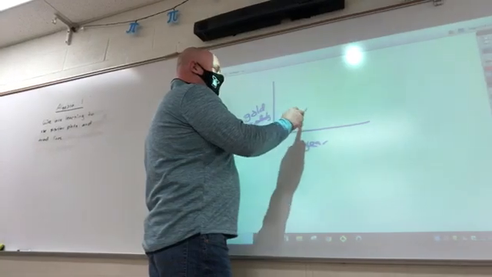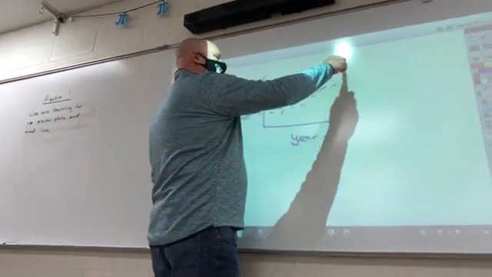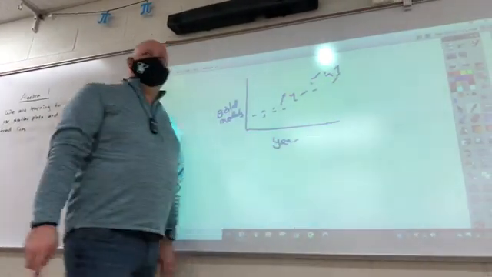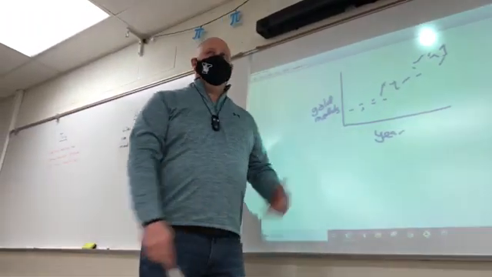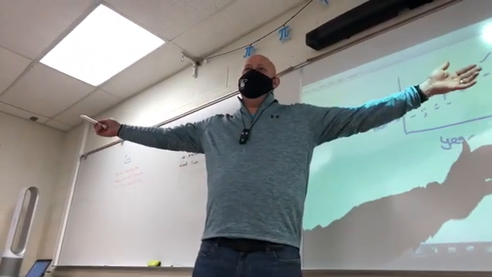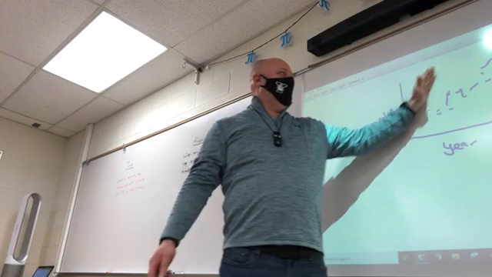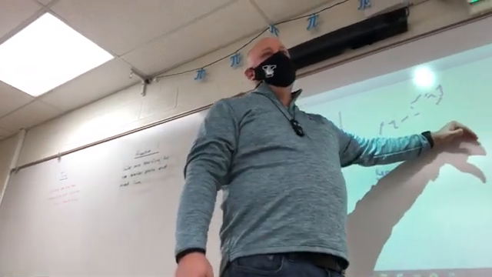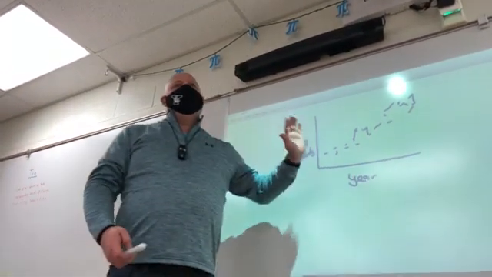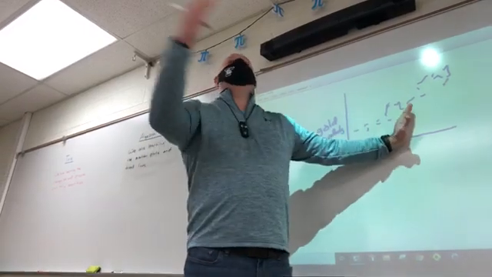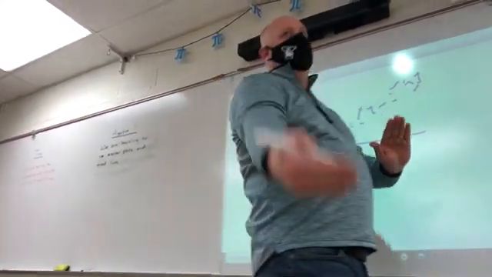You might see a positive correlation. It might go down. It might be totally scattered. It absolutely could go up and go back down. It would be a positive correlation up to a point, and then it would change to a negative correlation.